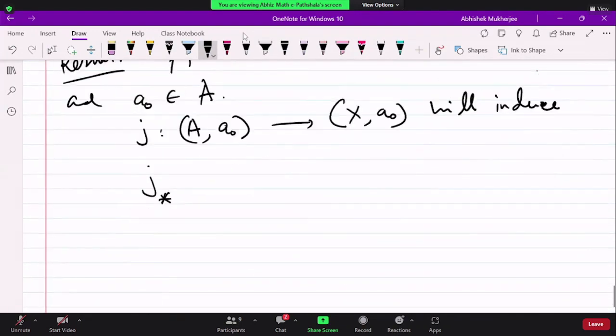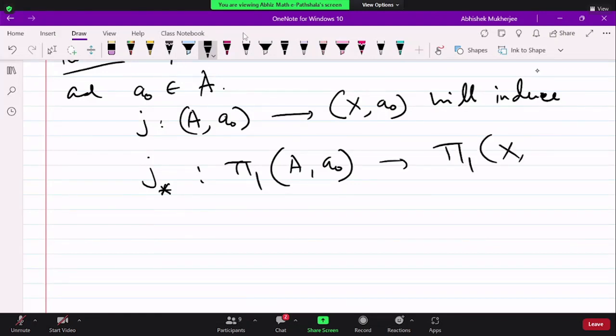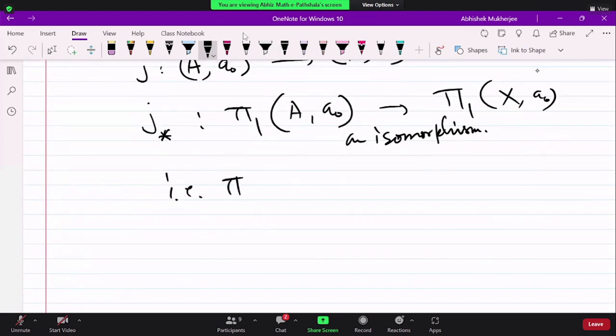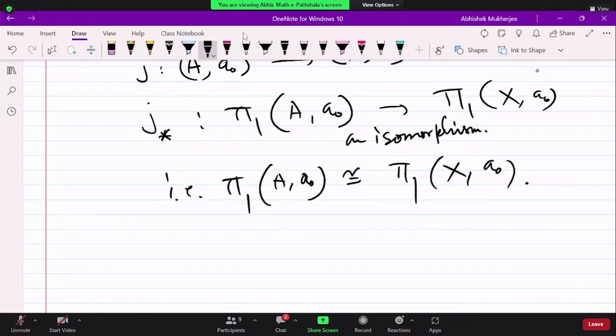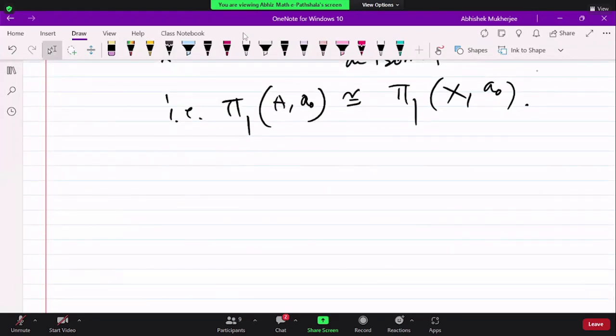So great. This J star will be an isomorphism from this fundamental group to the fundamental group of X. Okay. So if you take that deformation retract, the fundamental groups are isomorphic. Okay.